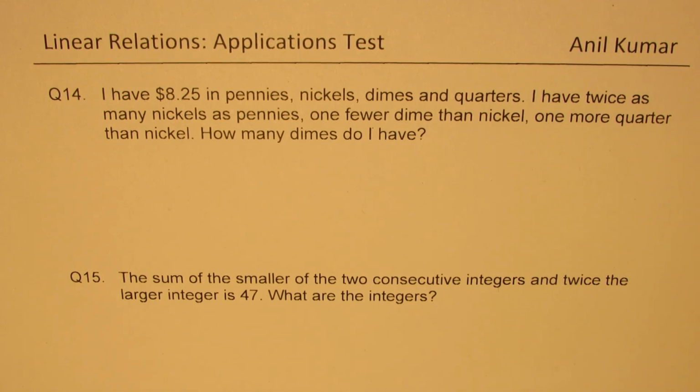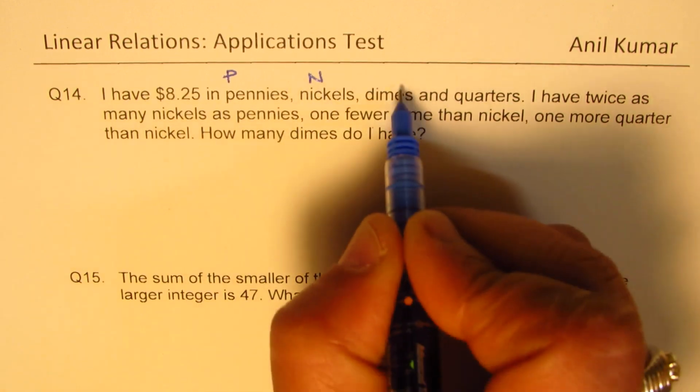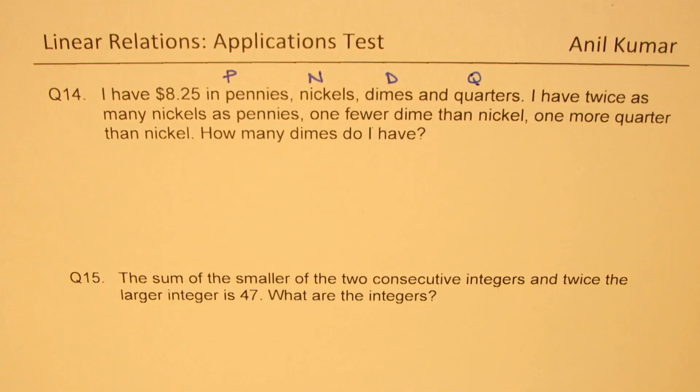The question here deals with money. Question number 14. I have $8.25 in pennies, nickels, dimes, and quarters. I have twice as many nickels as pennies, 1 fewer dime than nickel, 1 more quarter than nickel. How many dimes do I have? Slightly complicated question, right? So pennies, we'll say P, N for nickels, D for dimes, Q for quarters, right?